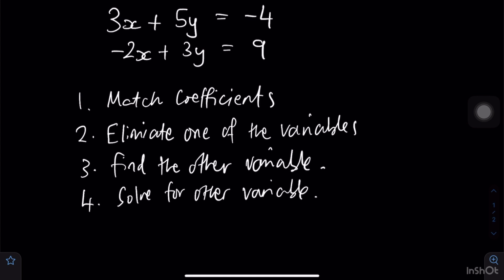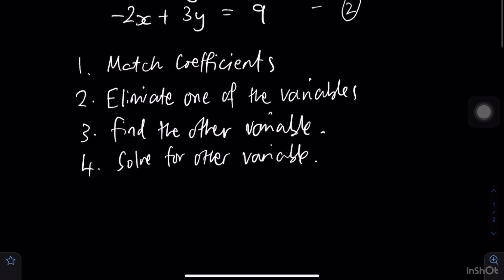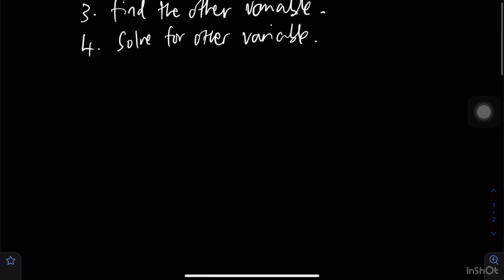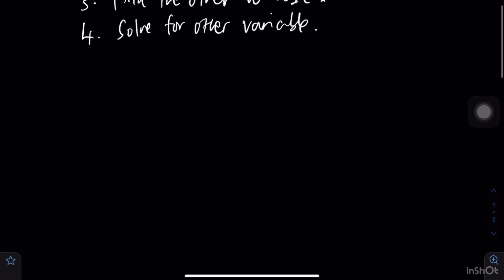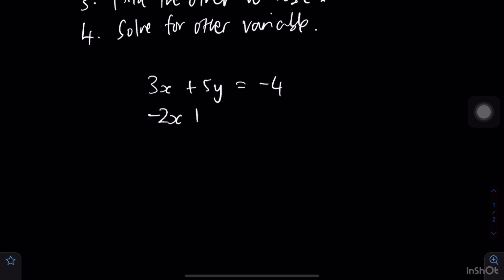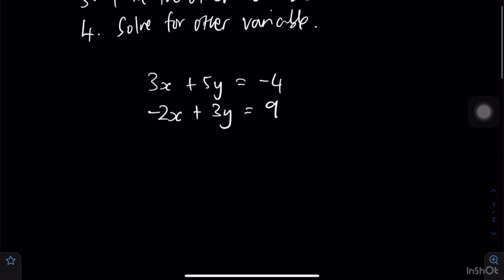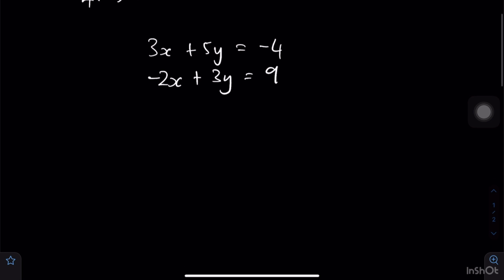I'm going to name the equations 1 and 2. So we have 3x plus 5y, let me just write them again, minus 2x plus 3y. How can we equate these to each other?